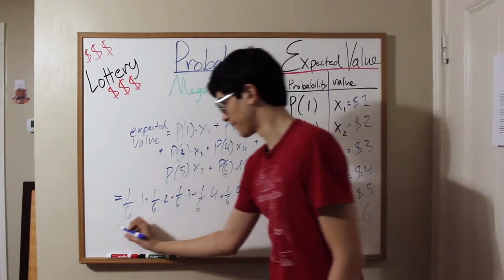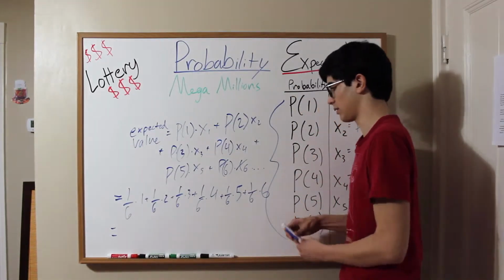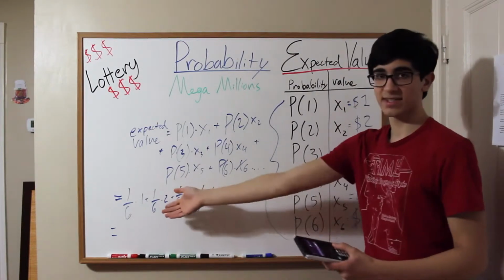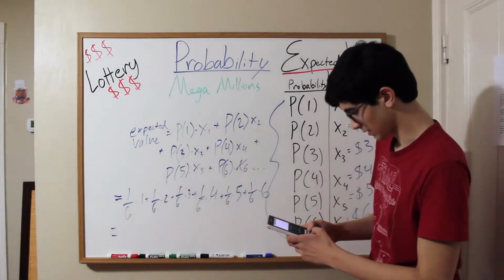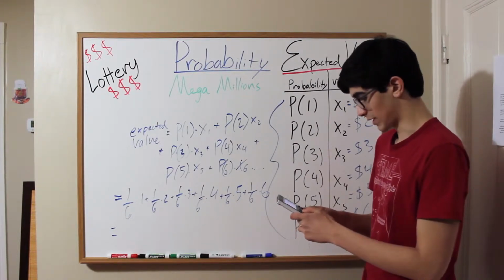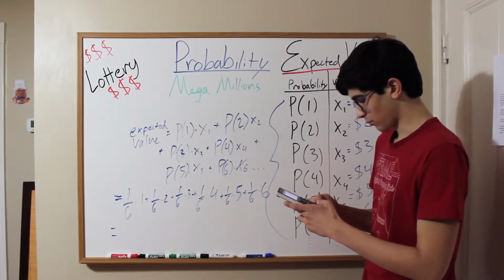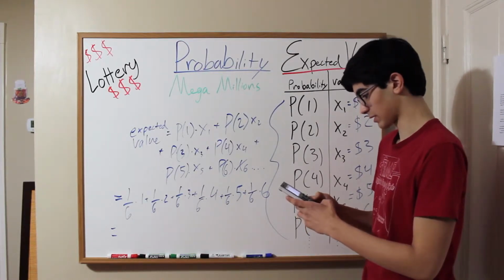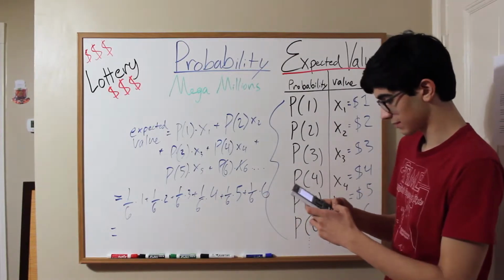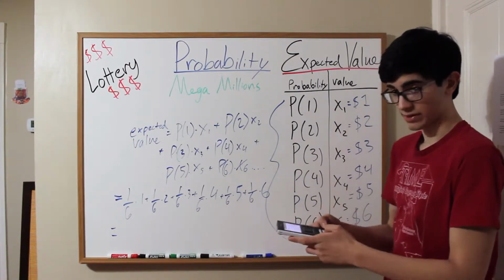Okay, I'm not going to write it out again, but let's just take out our handy dandy back pocket calculator and calculate this out. So 1/6 times 1 is 1/6, and then 1/6 times 2 is 2/6, so we're adding these together. 1/6 plus 2/6 plus 1/6 times 3 is 3/6 plus 1/6 times 4, 4/6, right?